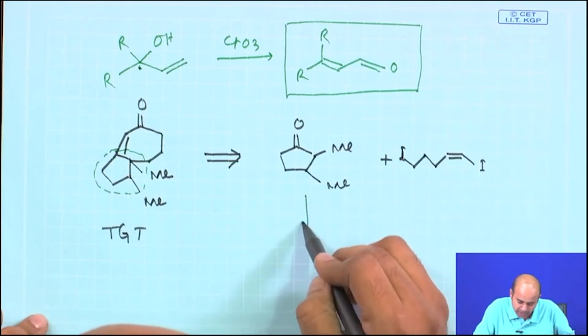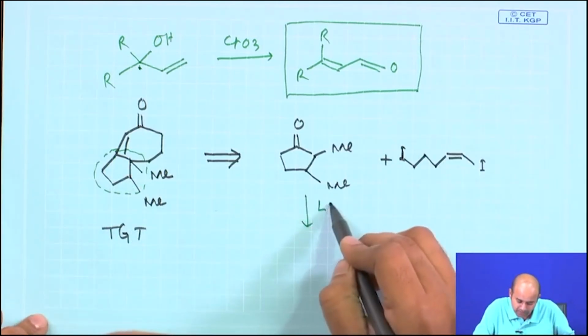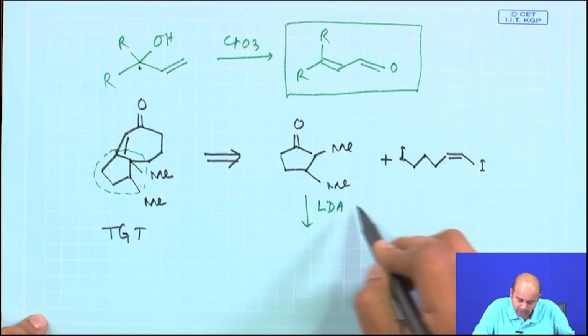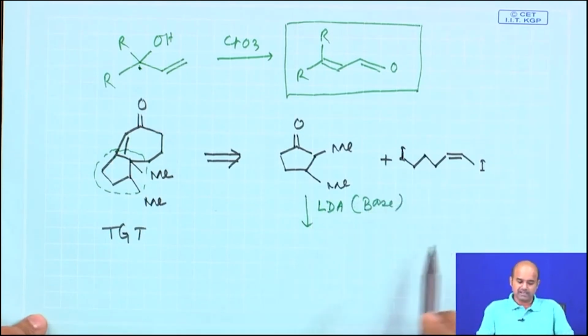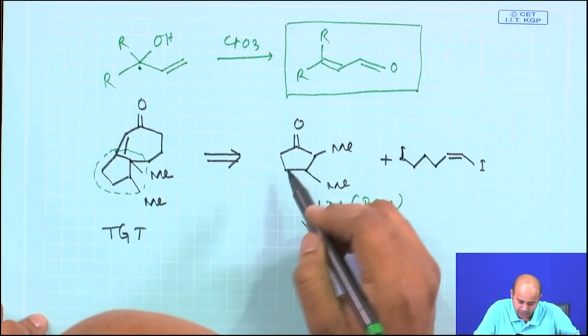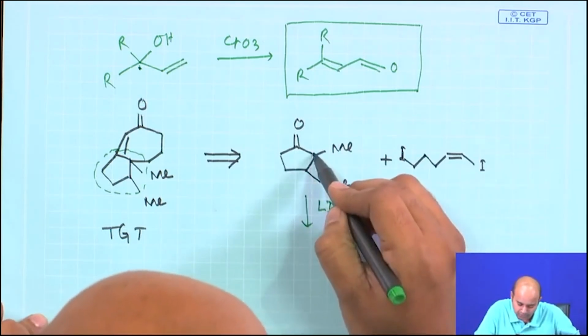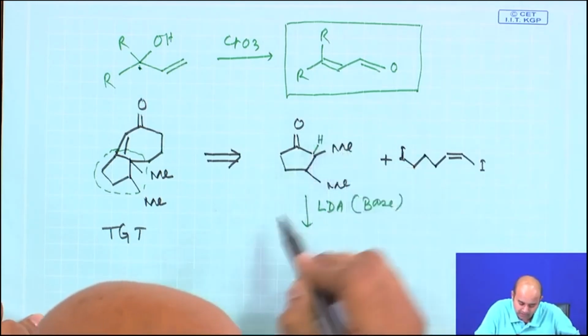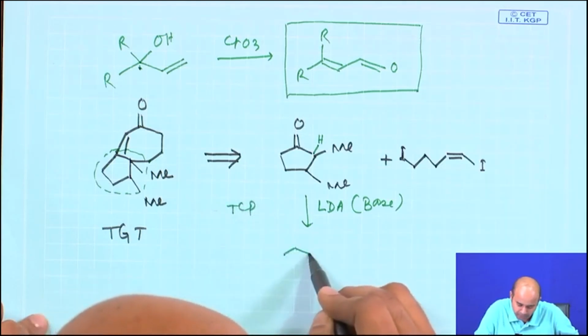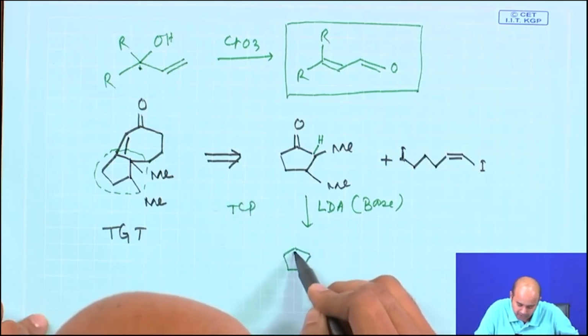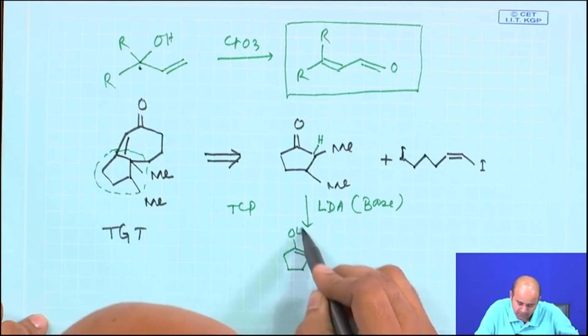Initially, we will use lithium diisopropyl amide, which is a non-nucleophilic base. This compound will try to abstract this hydrogen to give the thermodynamically controlled enolate, the enolate which is most stabilized under this condition.